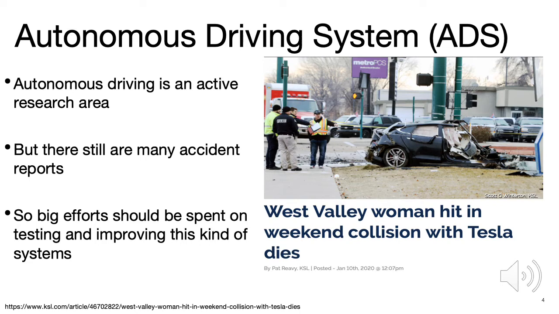So we believe that big efforts should be spent on testing and improving these kinds of systems. For example, before we release our autonomous driving software, we should test it and find as many collision scenarios as possible, and then fix them.